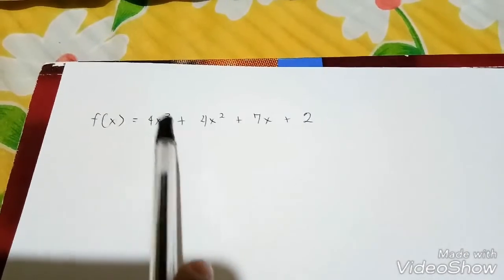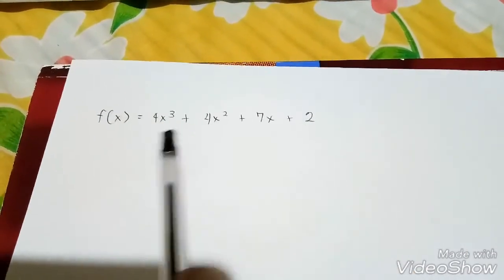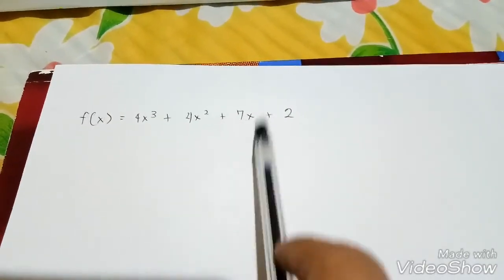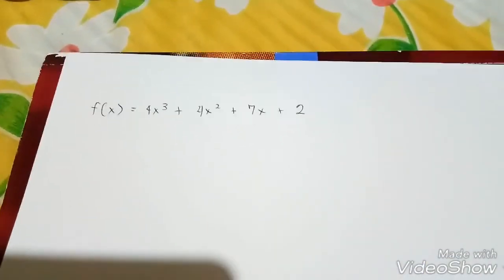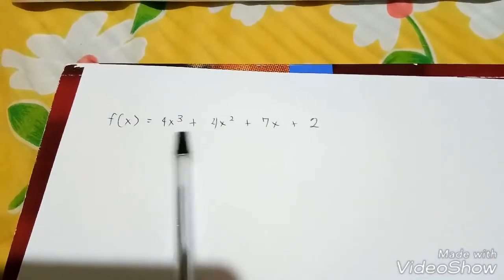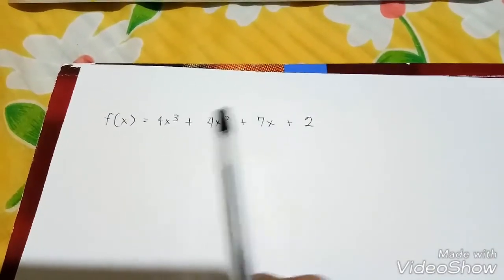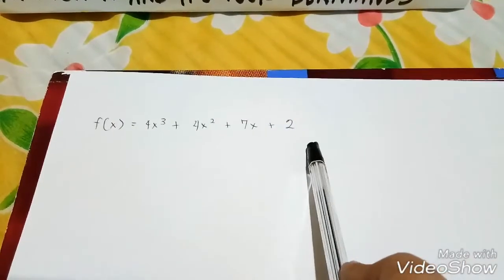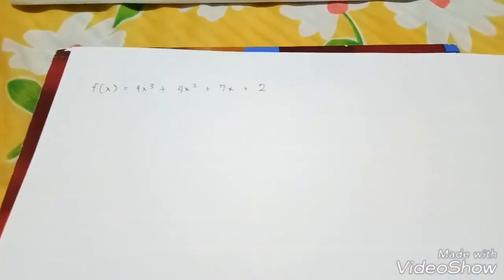So you have this function over here: 4x cubed plus 4x squared plus 7x plus 2. So in this case, we're going to apply the constant times the function and the constant rule as well.